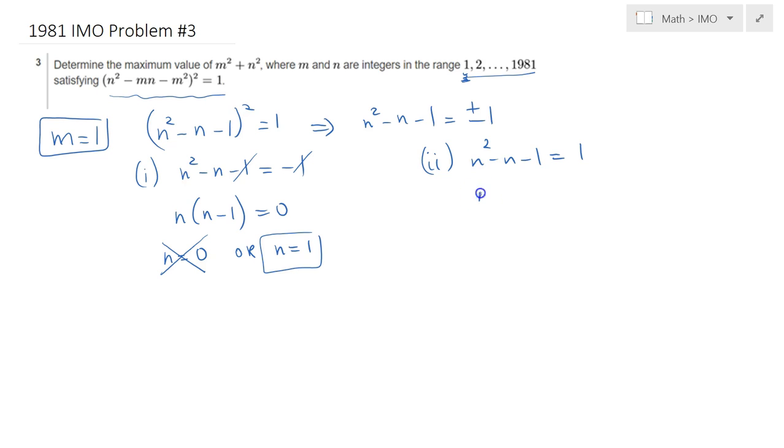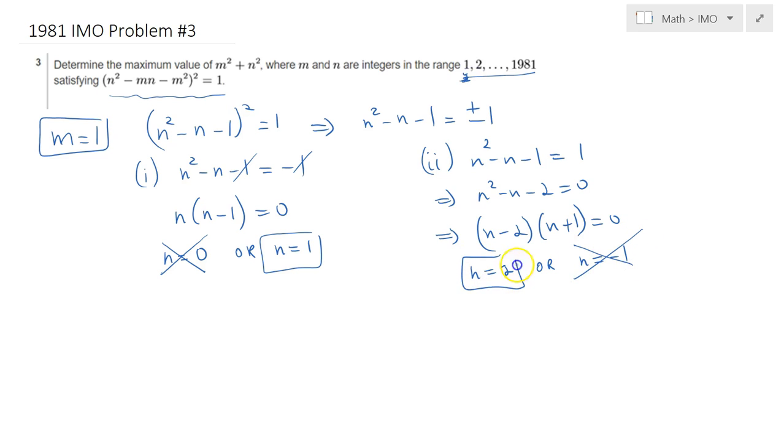Alternatively, here we would get n squared minus n minus 2 is equal to 0, and this would nicely factorize as n minus 2 times n plus 1 is equal to 0. Finally, we would get n is equal to 2 or n is equal to negative 1. Again, negative 1 is outside the range, and we have the corresponding value of n.